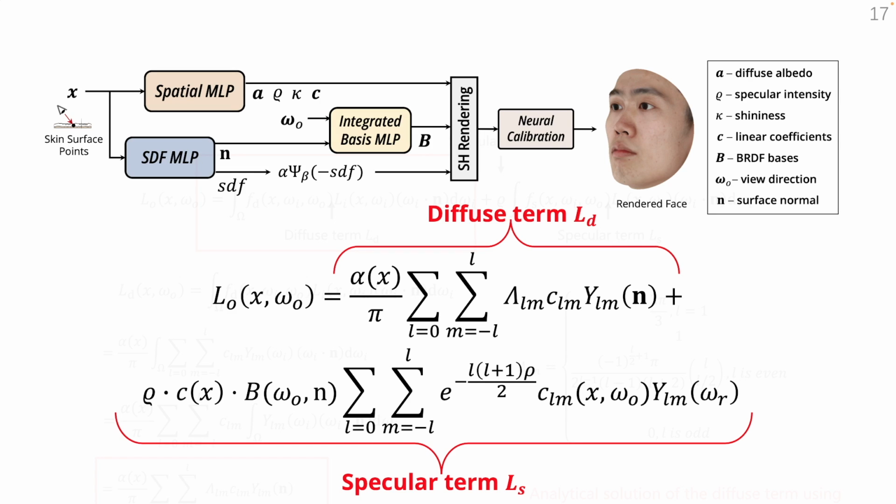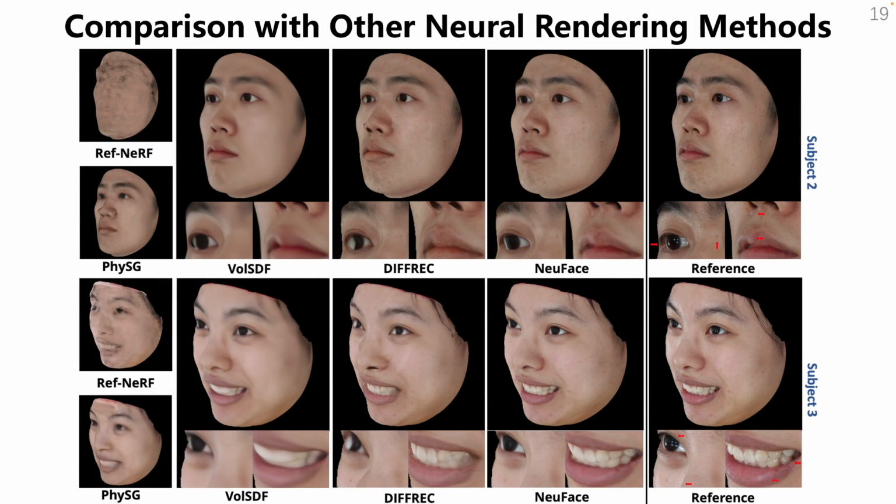In summary, the appearance component of NeuFace is composed of a spatial MLP to learn diffuse albedo, specular intensity, shininess, and linear coefficient C, an integrated basis MLP to learn the BRDF basis B, and the learnable environment light coefficient CLM.